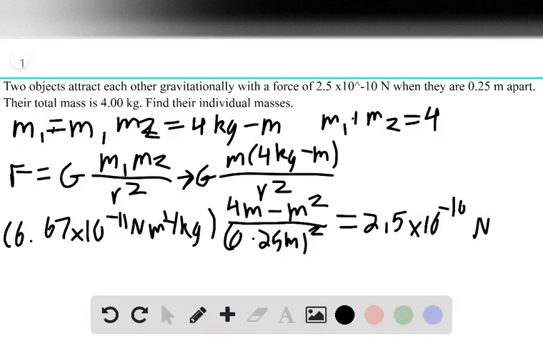Okay, so now we can rearrange this and get a quadratic equation.